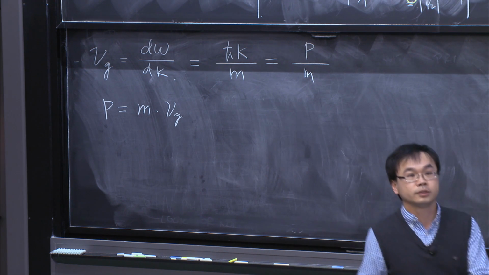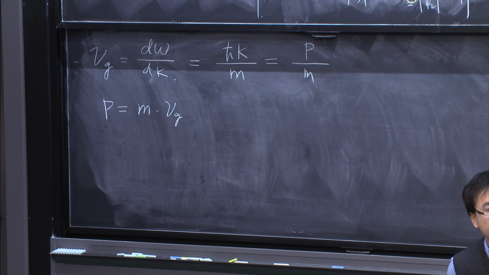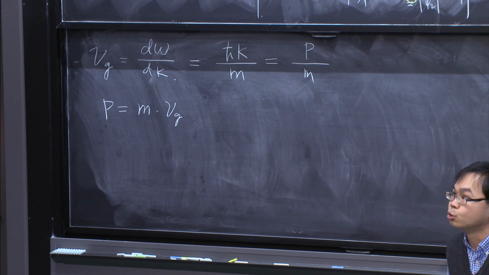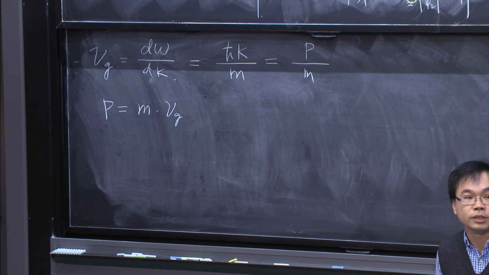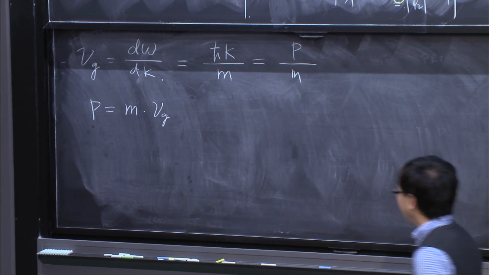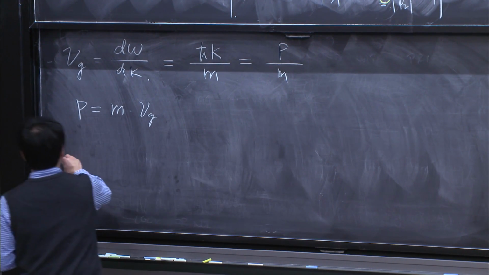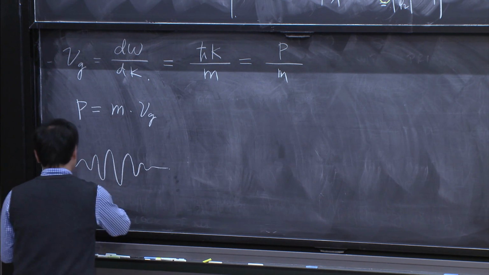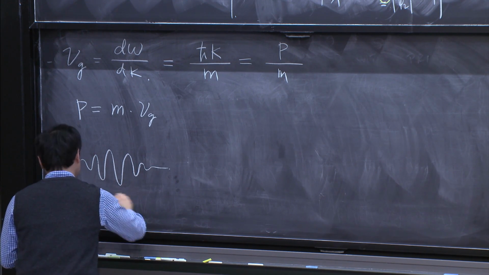Now everything actually is becoming more and more clear. We learned already from AO3 what the meaning of group velocity is: the speed of propagation of a wave packet, right?